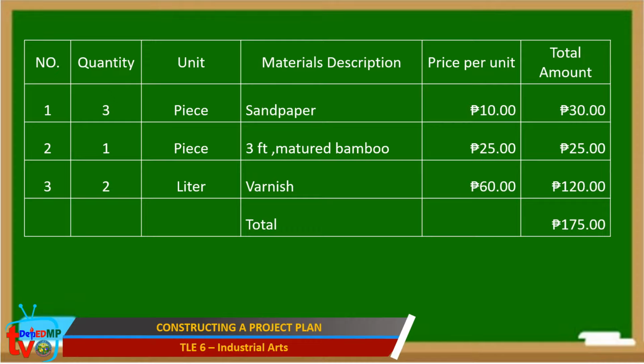The second material is 1 piece of 3 feet matured bamboo that costs 25 pesos. And the third is 2 liters of varnish. 1 liter costs 60 pesos, so the total amount is 120 pesos. And then we get the total of all the materials, and that would be 175 pesos.